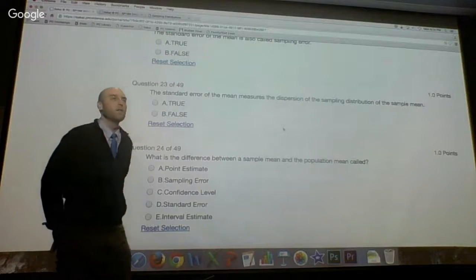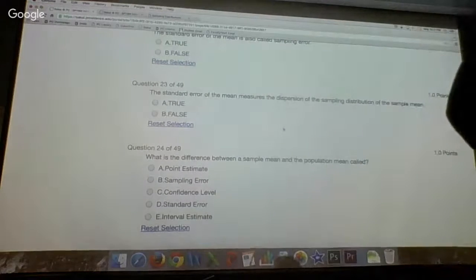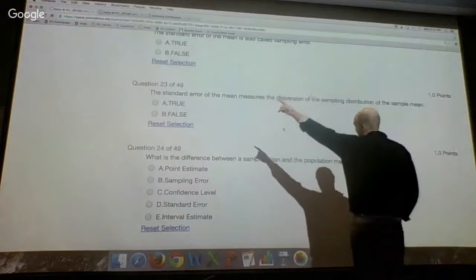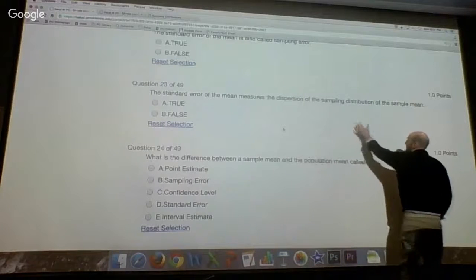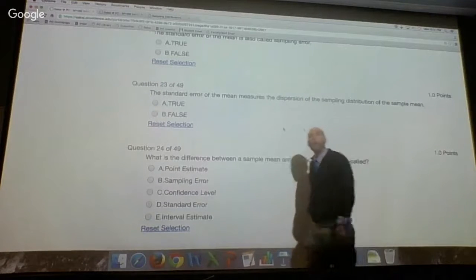No. All right, well, you're lucky. That was a good, decent guess. Yeah, true. 23 is true. That's exactly what the standard error is. Sigma sub x bar, the variability in the sample means. The standard error, sigma sub x bar, is the dispersion of the sampling distribution of the sample mean, how wide those blue dots are.